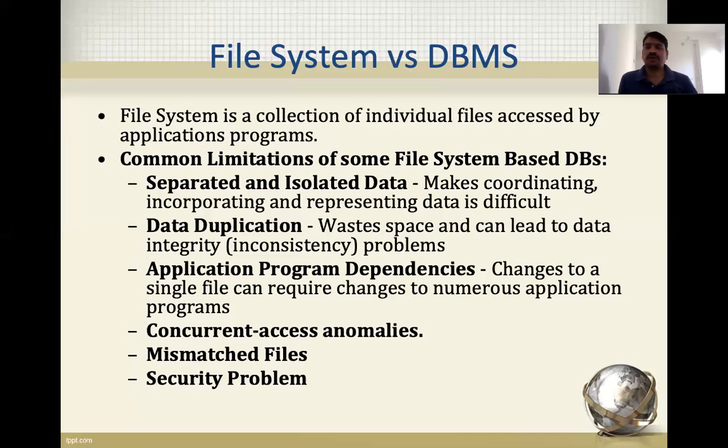But what we want is consistency in both the data. If we have a student whose name is something, the same name should be there in the other file also. But here, because they are non-cooperative files, meaning they are not connected with each other, when we make any changes in one file, it is not going to reflect in the other file.